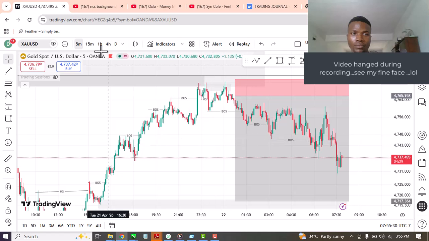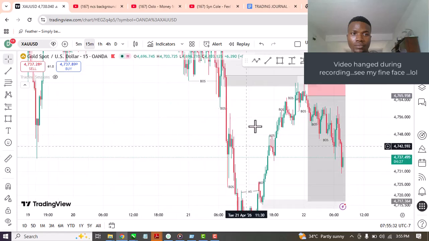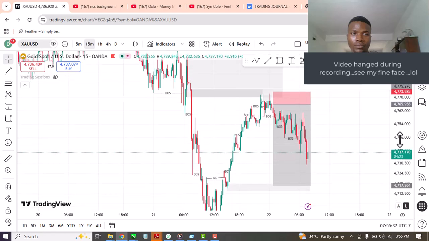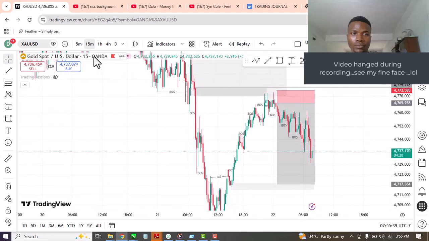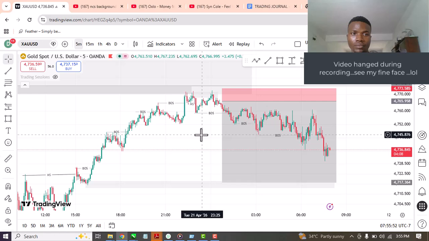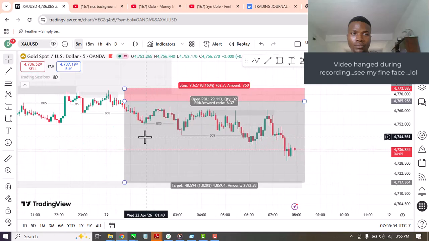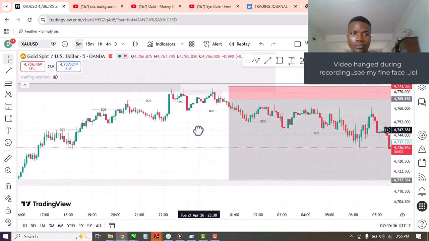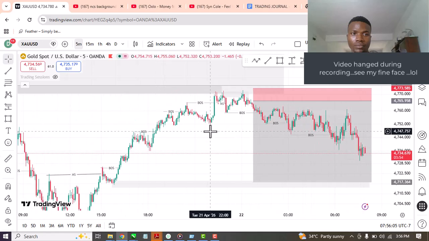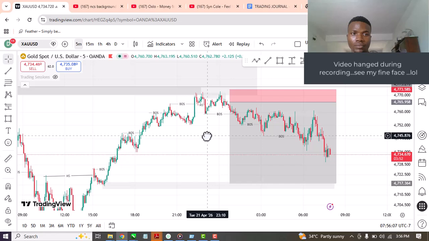So I did my analysis on 15 minutes, and when you go down to 5 minutes, you are going to see a lot of noise. As you can see, these candlesticks are so many. If you don't understand how to navigate the lower time frame, trading gold specifically, really just use 15 minutes. But right now you can see that this strategy is playing out.